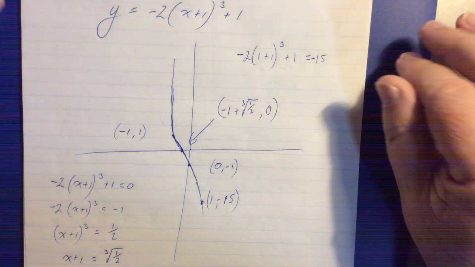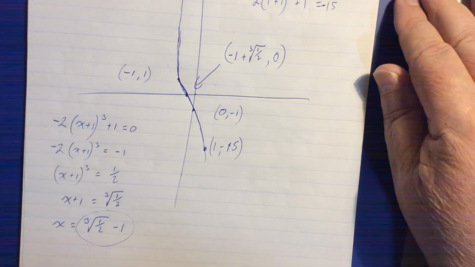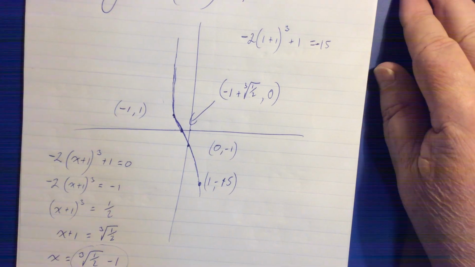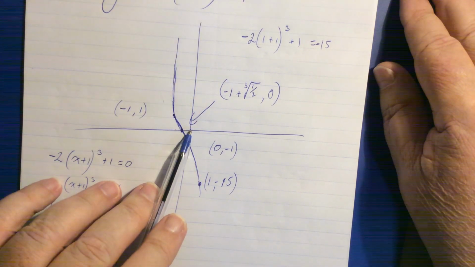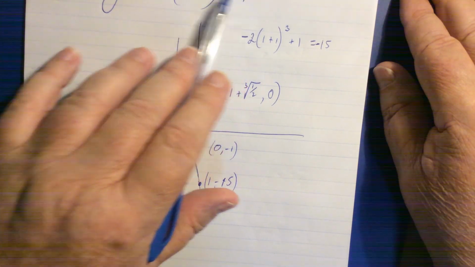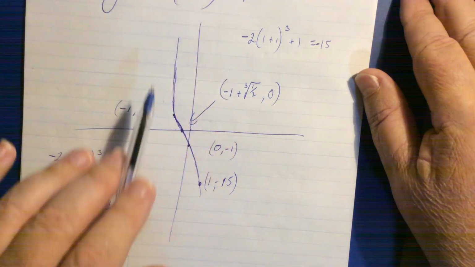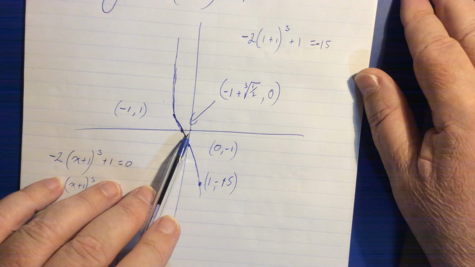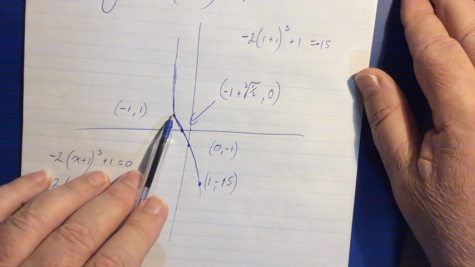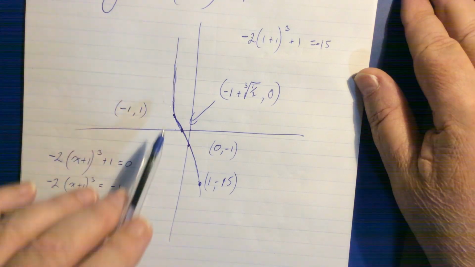So that is it. I'm sorry for the poor artwork, but just to reiterate, what we did was we started at the origin and we put ourselves through these various translations, and we found our point of inflection, which is up here, even if my drawing doesn't show it terribly well.